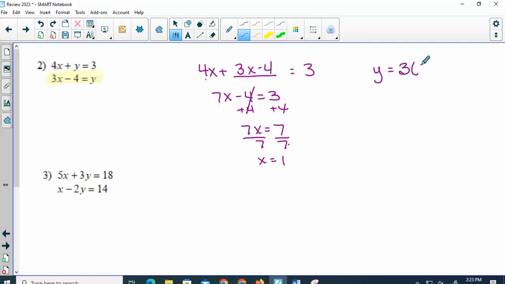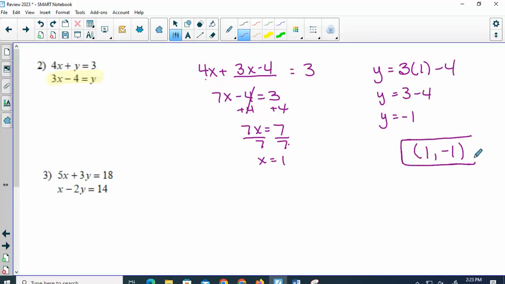Y is 3 times x minus 4. So we get negative 1. Final answer should be an ordered pair, x comma y. So substitution: solve for one of the variables, plug it into the other equation.